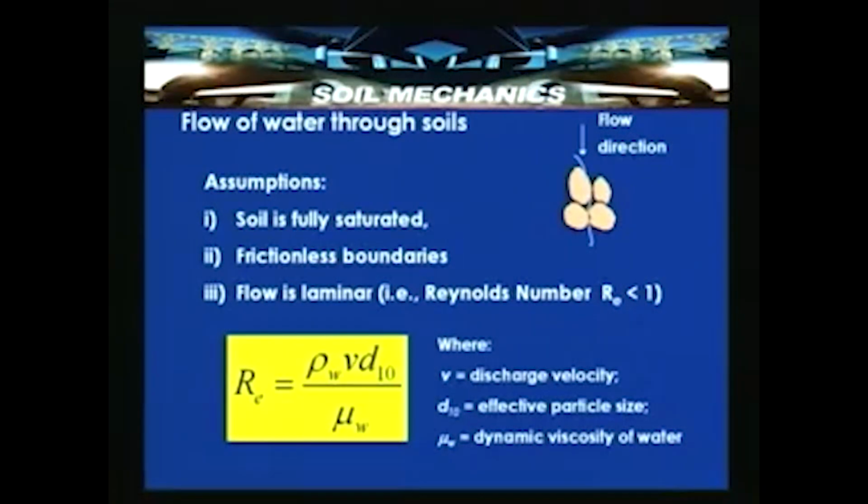While introducing the concept of flow of water through soils, we assumed that the soil is completely saturated and frictionless, assuming that frictionless boundaries are there, and we also assumed that the flow is in the laminar regime. That means that when the flow takes place through soils, the Reynolds number will be less than 1.